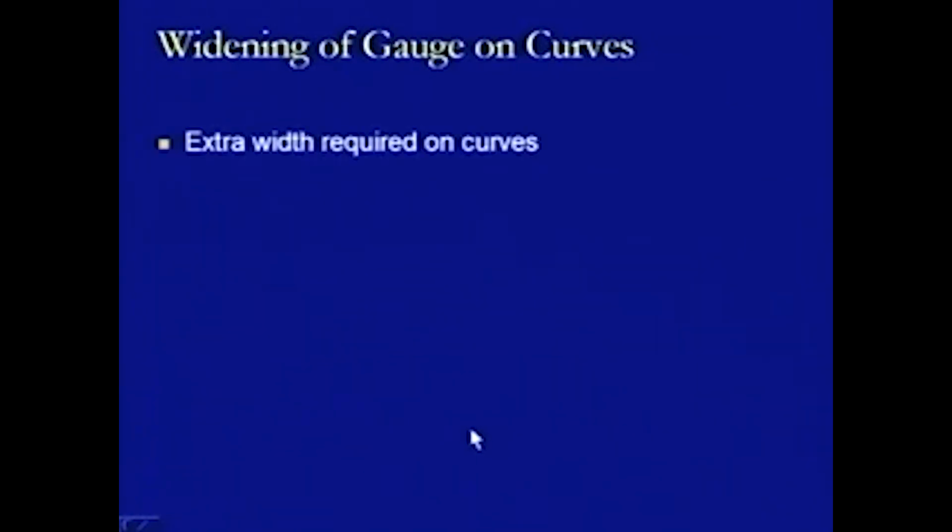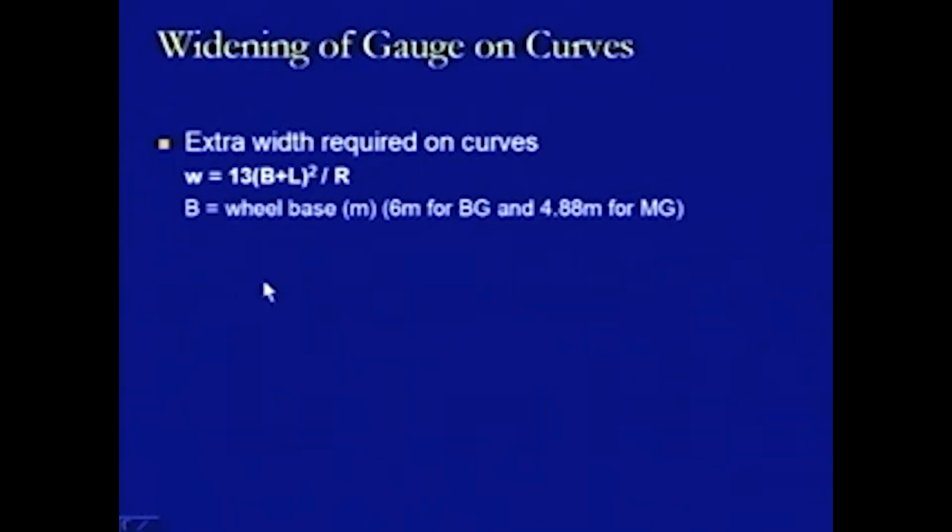Now, this extra widening required on the curves is given by W equals 13 multiplied by the square of B plus L, and this whole is divided by R, where B is the wheelbase in meters. This is 6 meters for broad gauge and 4.88 meters for meter gauge.